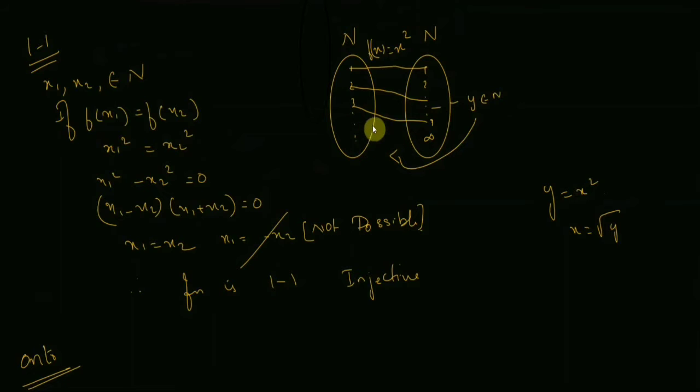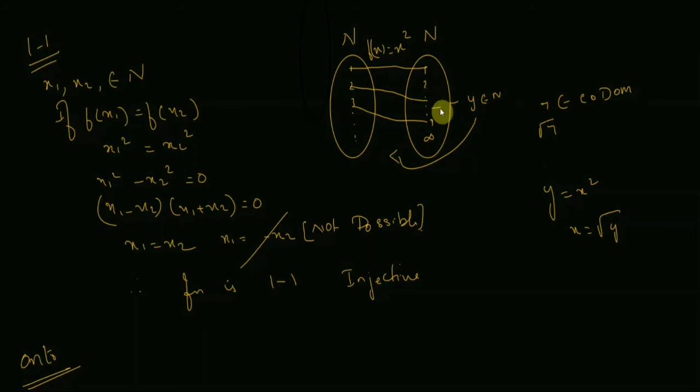Is it possible to find root y for all the elements in the codomain? For example, if I take 7 in the codomain, do we have root 7 in the domain? It's not possible because N is the set of natural numbers.